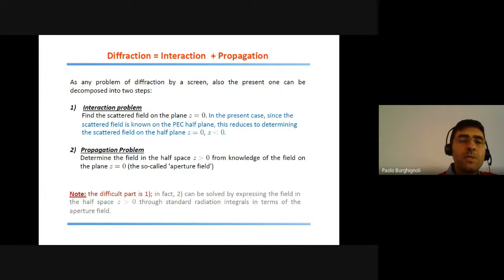And we may note that the difficulty is basically the first step, that is finding the field on the aperture plane, because once you know the field on the aperture plane, it is a standard task, that of deriving the field in the entire half space, which consists in evaluating the usual radiation integrals that you may be familiar with from basic antenna courses.